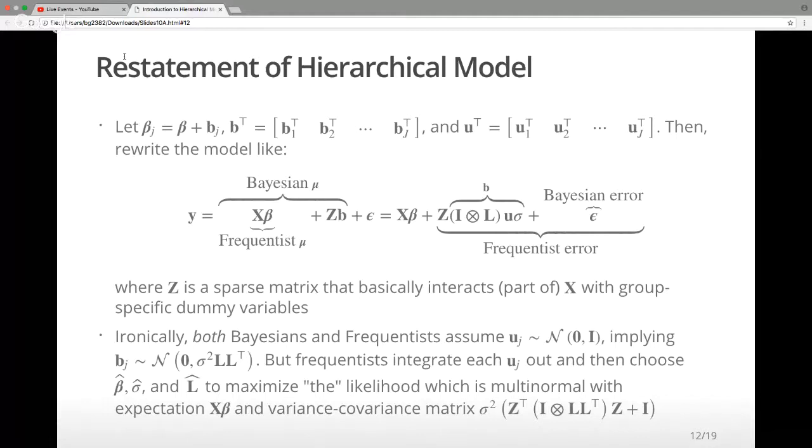We're not conditioning on Z. And conversely, when Bayesians think, okay, here's my conditional expectation, here's my measurement error at the individual level, frequentists are thinking about this whole term here as constituting the error term, or a vector of errors, for a particular individual.